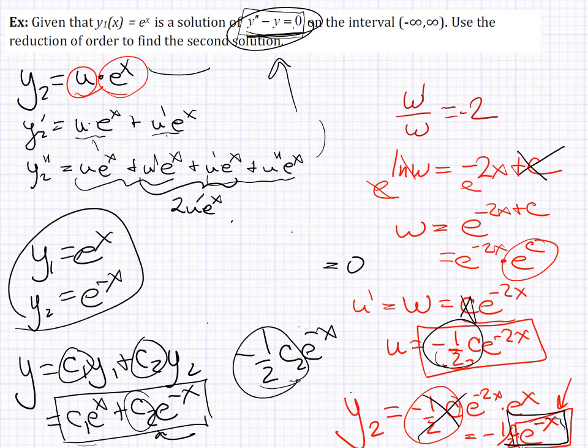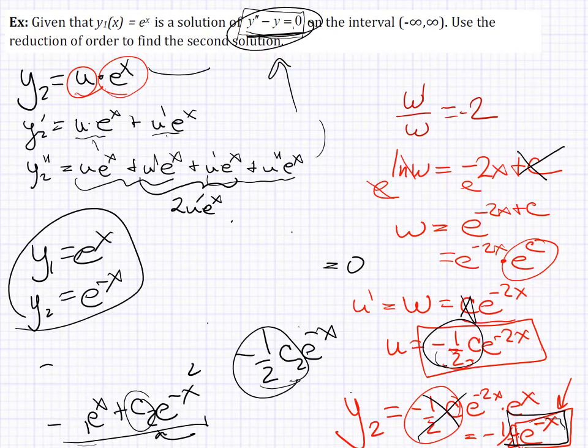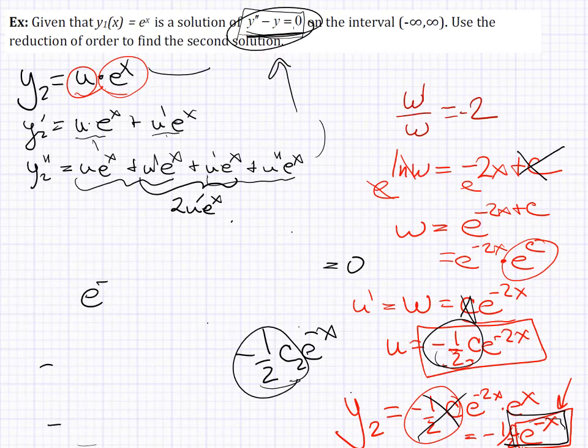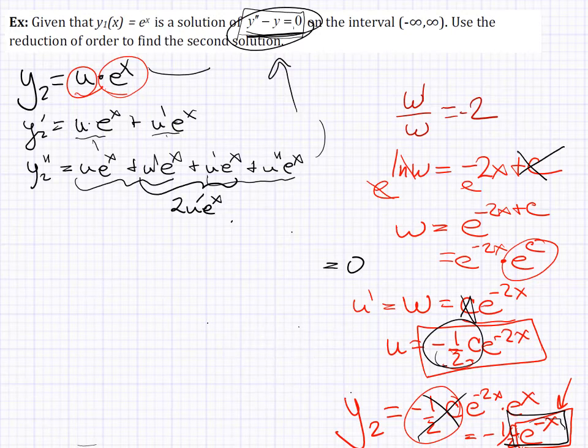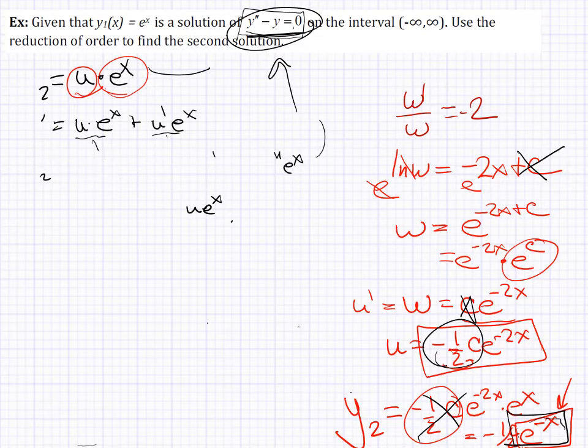Then there's the shortcut. The shortcut is to use the formula. So if we get rid of some of this here, let's clean this up. In order to use the formula, the original differential equation has to be in standard form.